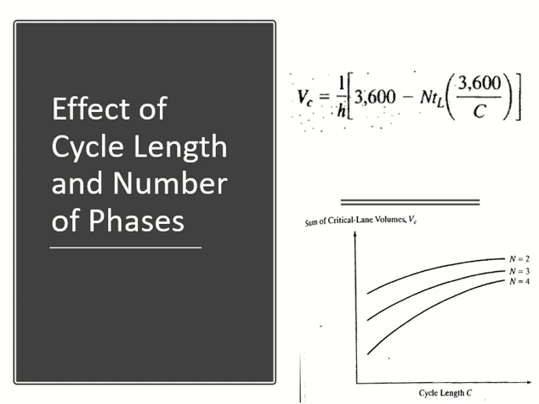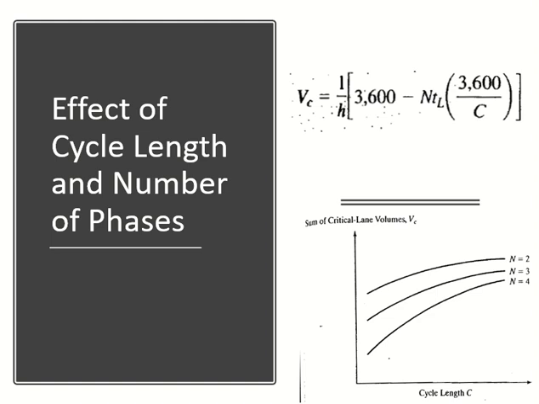Now look at the equation. Capital C is cycle length. What happens if I increase C to VC? Because C is in the denominator of the negative term, it will increase VC. So increasing cycle length will increase the volume. Why? Cycle length is the timing of the signal, right?